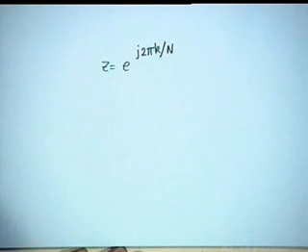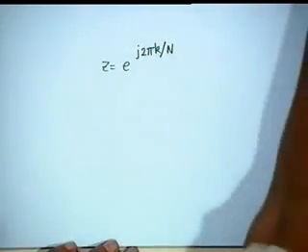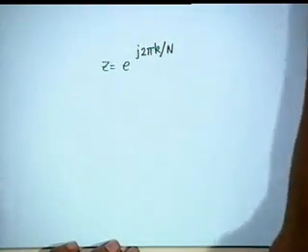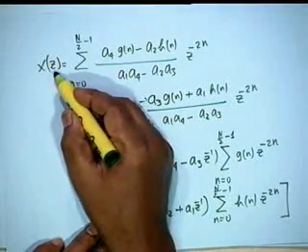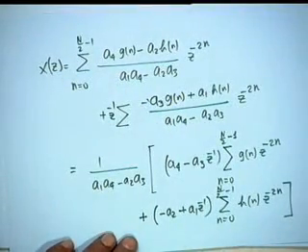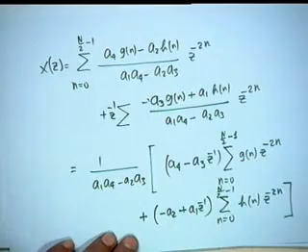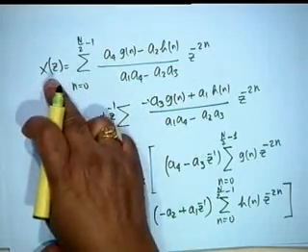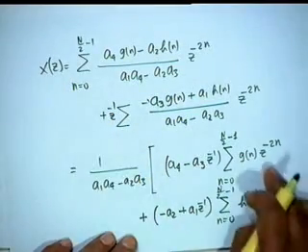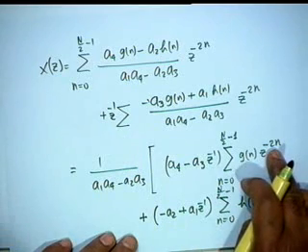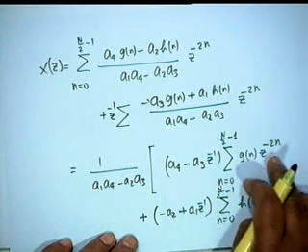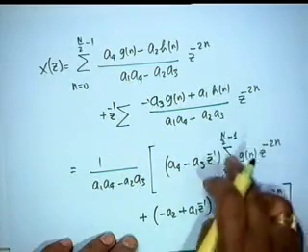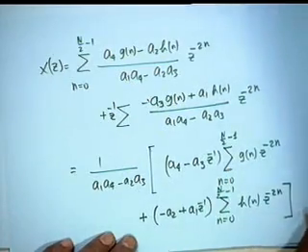My capital X has to be computed with capital N number of points. So, I have to put small z equal to e to the power j 2 pi k by n, because capital X has to be computed, whereas because of z to the minus 2 here, this will be automatically taken care of. This will be a summation over n by 2 point DFT.